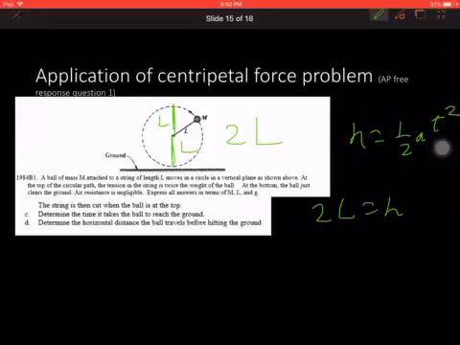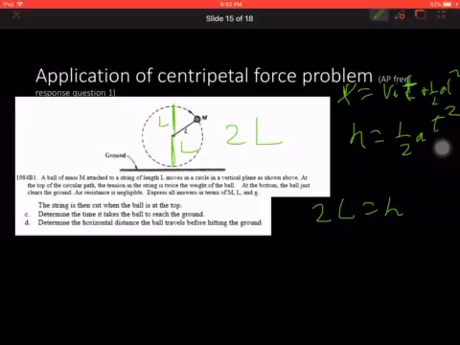We derived this from the kinematics equation X equals V initial T plus half AT squared.